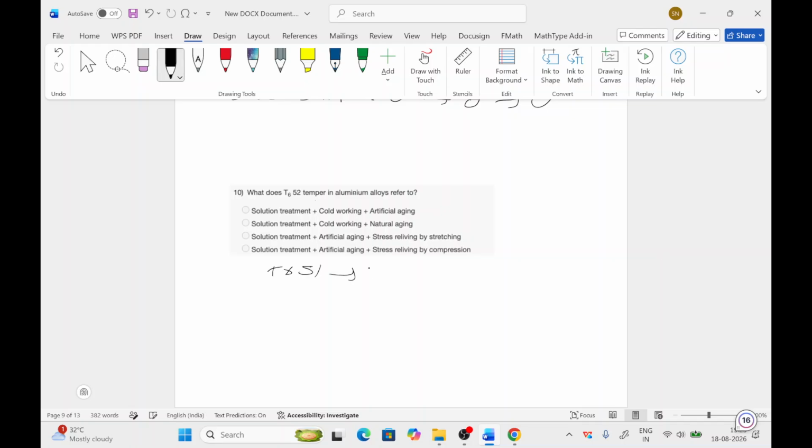T651 is the solution heat treatment plus artificial aging plus stress relieving by stretching, to remove compressive residual stress.